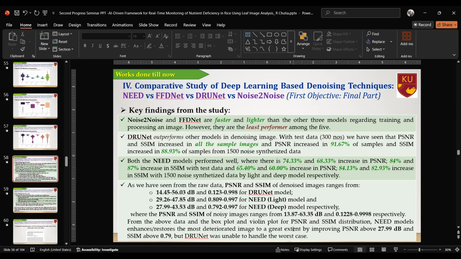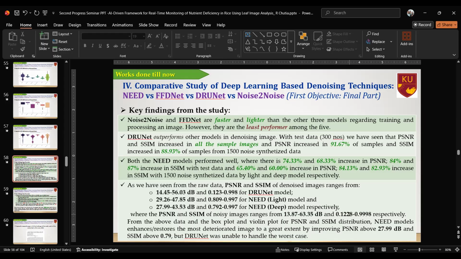So here you can say the most deteriorated image has the PSNR 13.87, which is improved to 14.45 by DRUNet, but it was improved to 29.26 by the NeED-Light model and 27.99 by the NeED-Deep model.